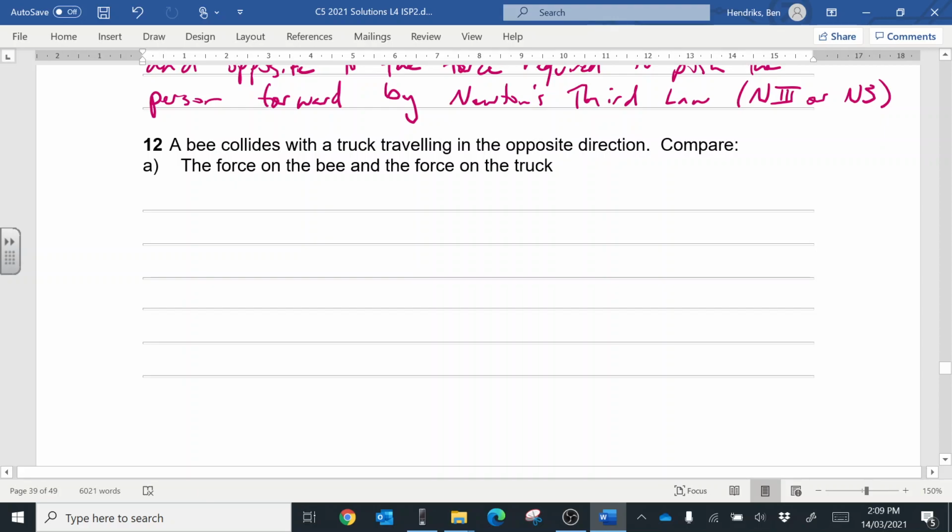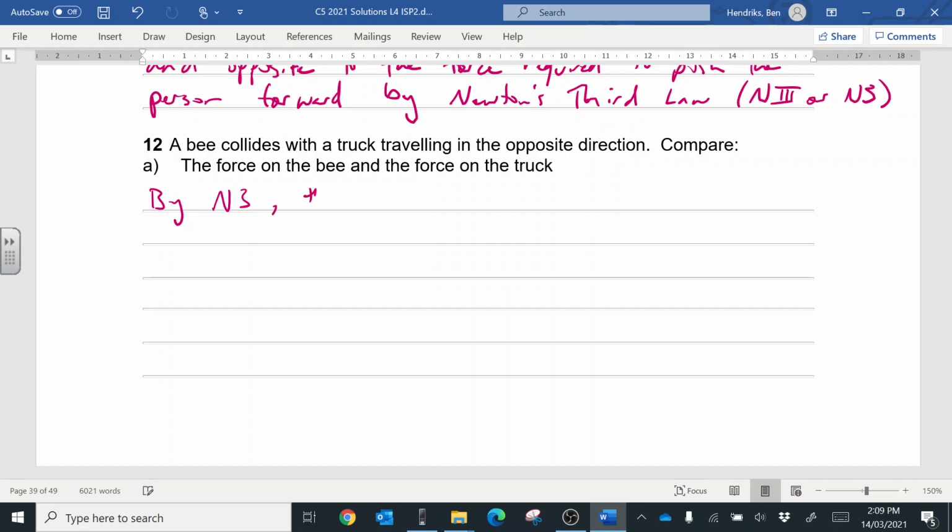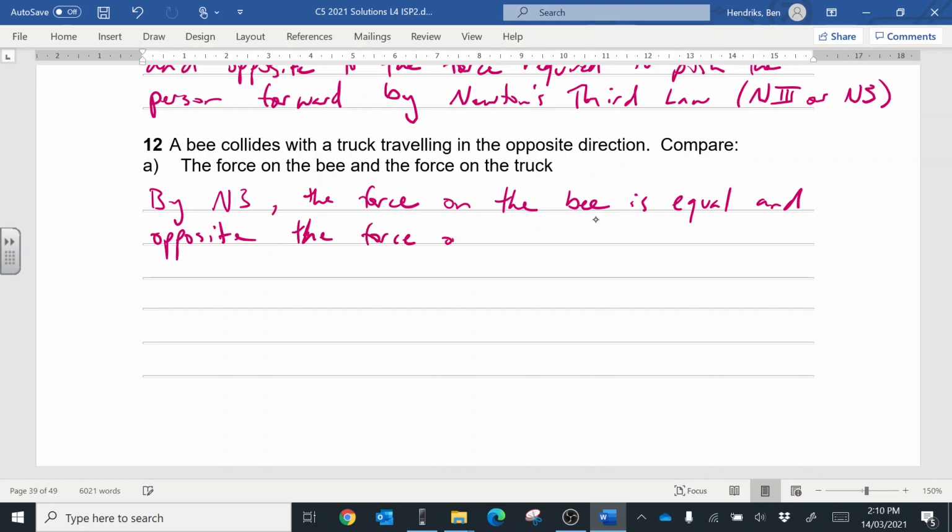Okay, so by Newton's third law, by N3, the force on the bee is equal and opposite to the force on the truck. Okay, so they're equal and opposite.